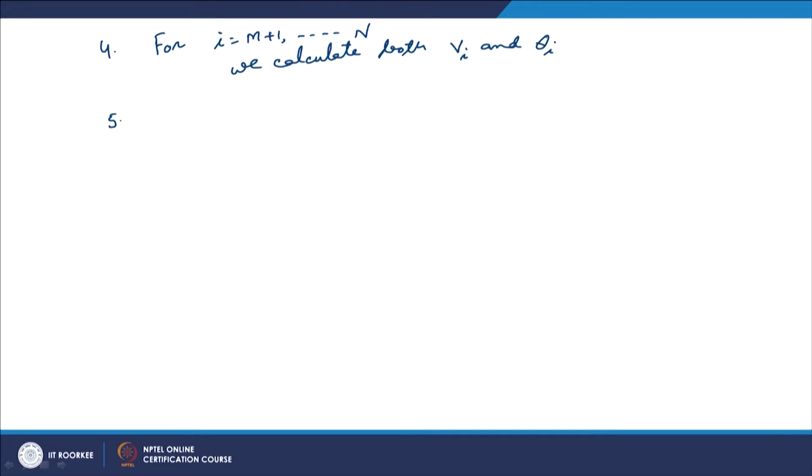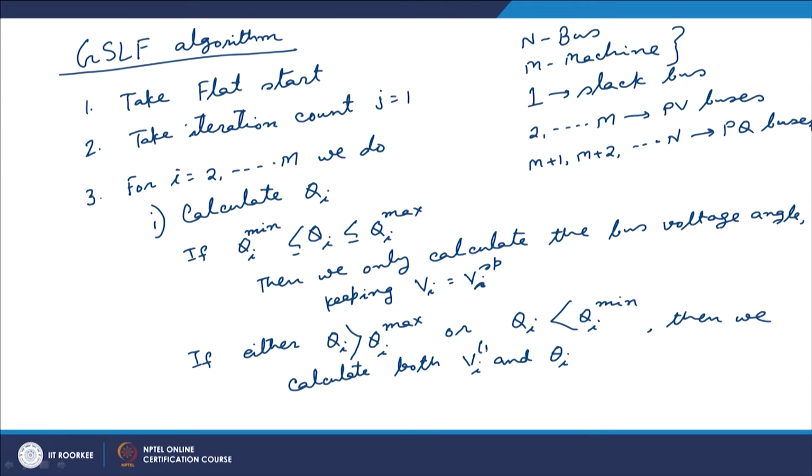Then after all these calculations are over, we calculate E I. We should put this j on all of these quantities. J as a superscript denotes that we are calculating these quantities at the iteration count j, that is at the jth iteration.